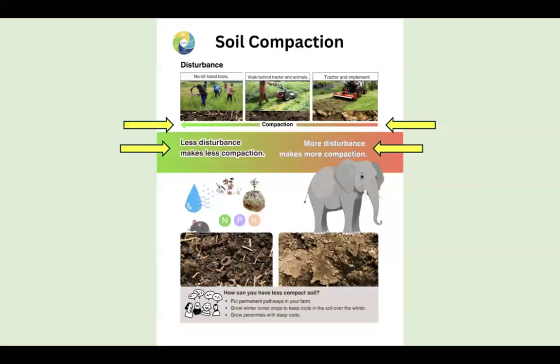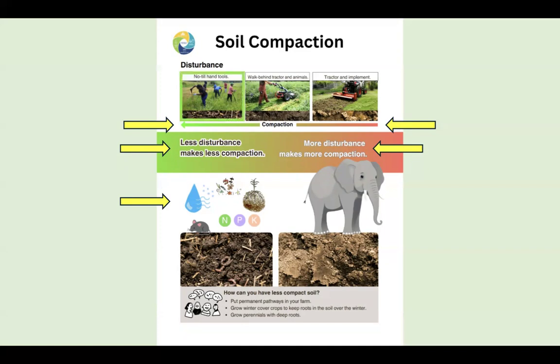When you have more disturbance in your soil, that makes more compaction. Less disturbance with less compaction means that water will be able to filter in your soil better. Air will come in, and it makes a better place for life to grow.